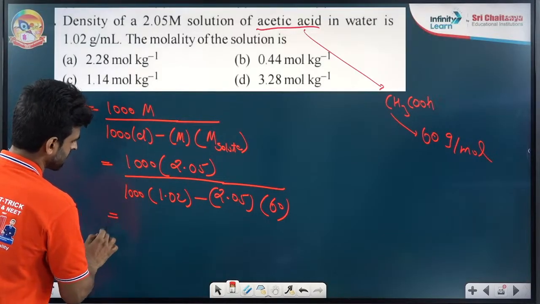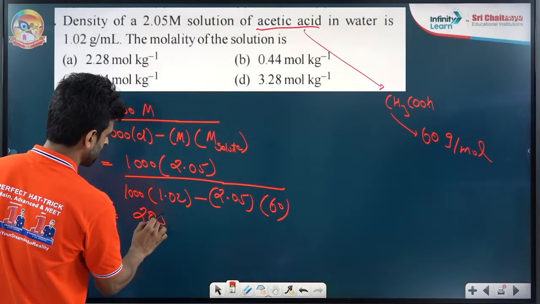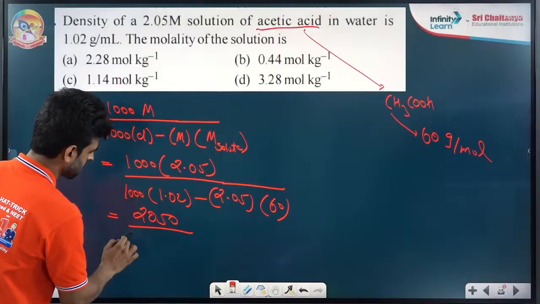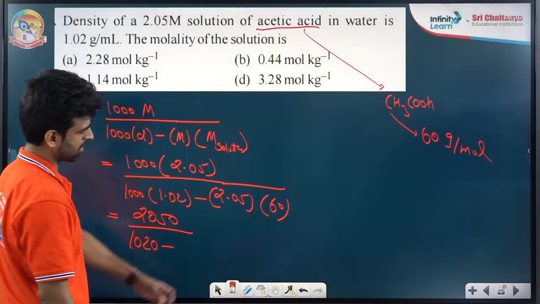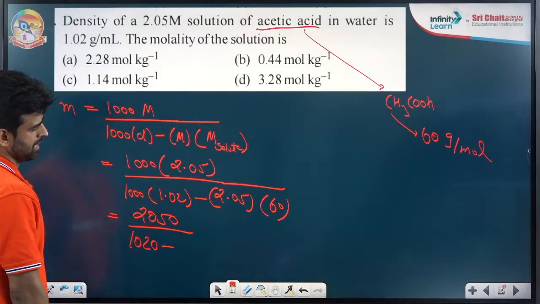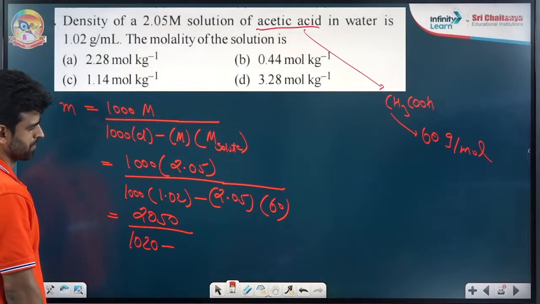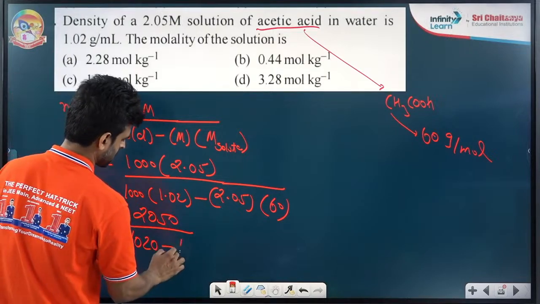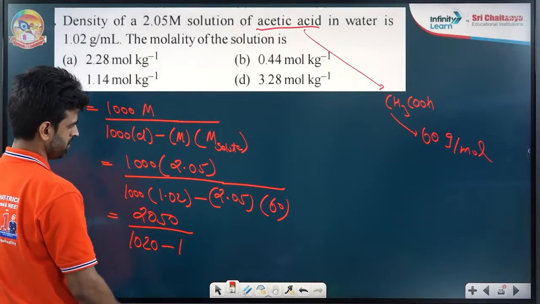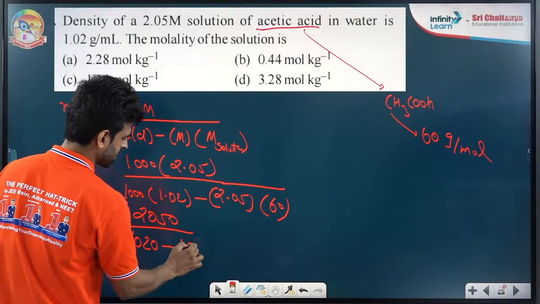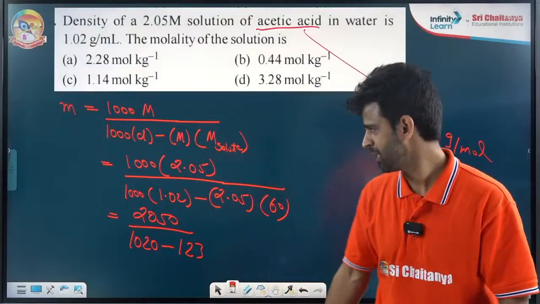Can you solve this thing? Give me the answer. It's coming 2050, right? 1020 minus how much? 2.05 times 60 is 123. Okay, so whatever is coming from here you can solve it easily.